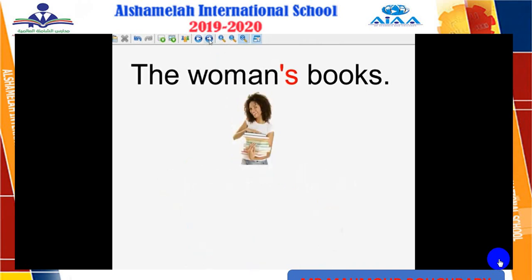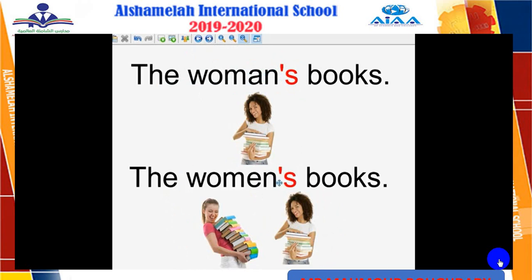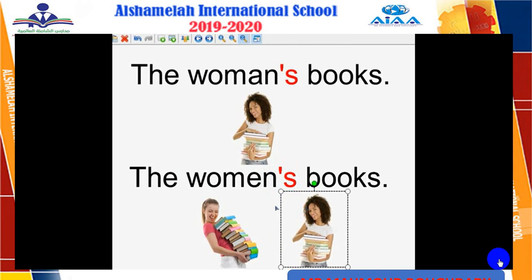Let's look at another example. We say the woman's books, that's one woman, so apostrophe S, that's the same. But if we change it to plural, so there are two women, then the plural form is irregular. We say women, don't we? So we say the women's books. And again, look what happens to the S and the apostrophe.